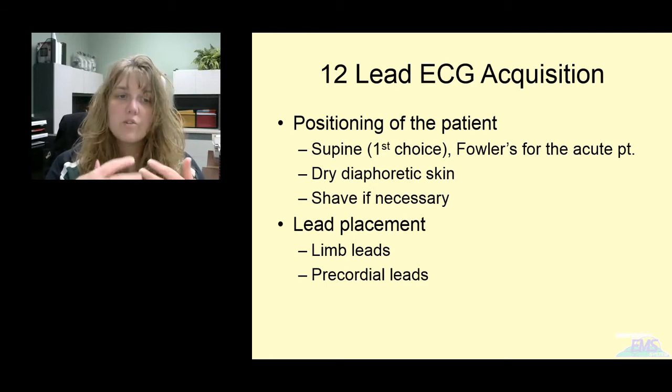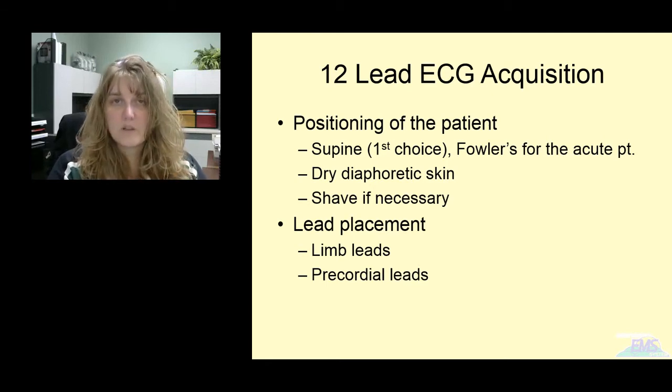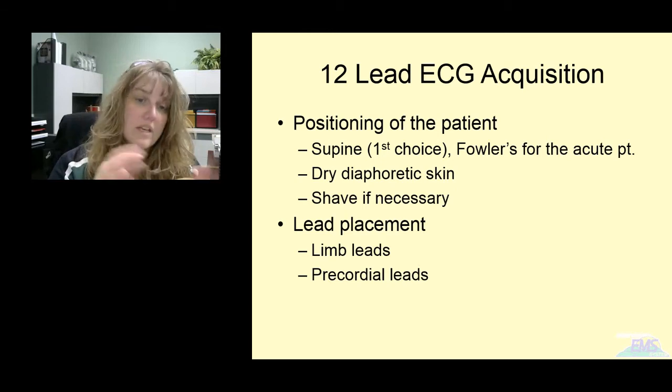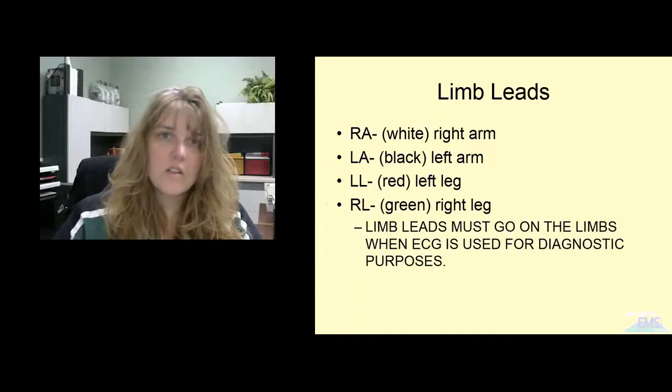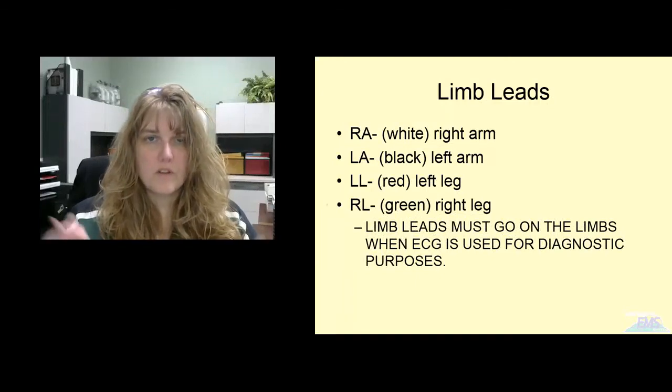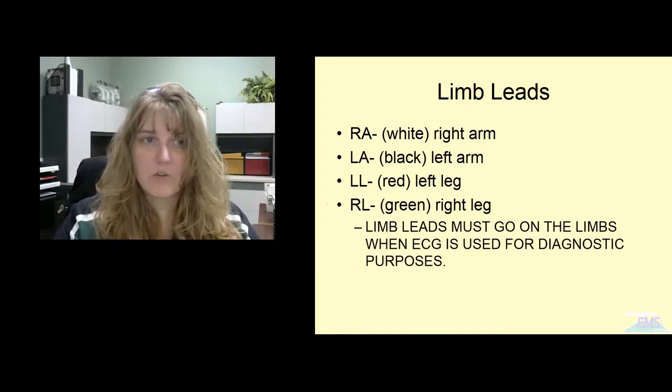And we want to make sure that our placement of the leads is appropriate. So we're looking both at limb leads and the precordial leads. Our limb leads are the result of the primary chest leads that we deal with on a typical daily basis to get lead 2 EKG acquisition.